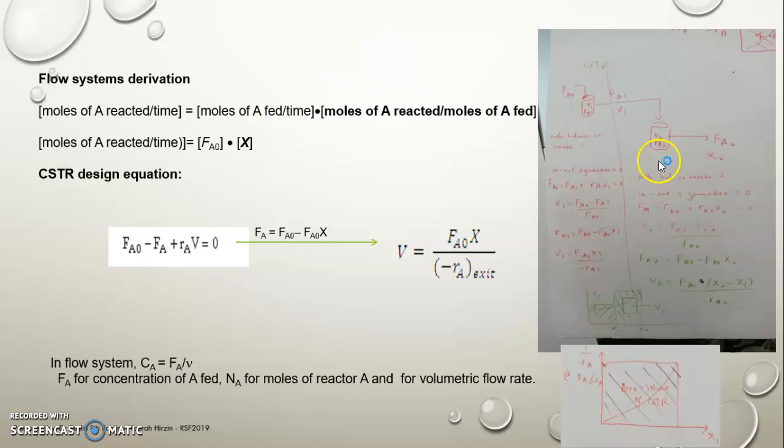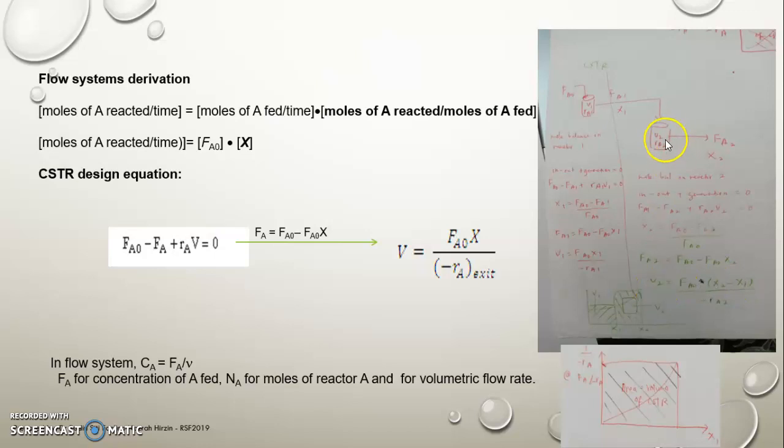And the second one, you need to find volume 2 for the second reactor. So volume 2, the equation is FA naught times X2, which is the conversion from the second reactor, minus the conversion from the first reactor. Kalau tak tolak salah. So you have to minus the first conversion.